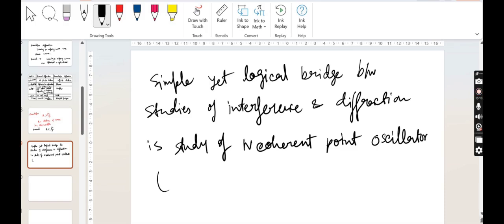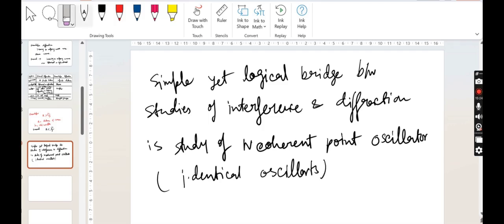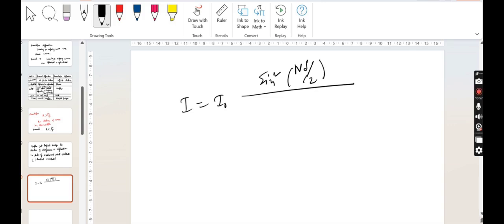And these oscillators are identical even to their polarization. So we know that its expression is basically I is equal to I naught sine square n delta by 2 by sine square delta by 2.